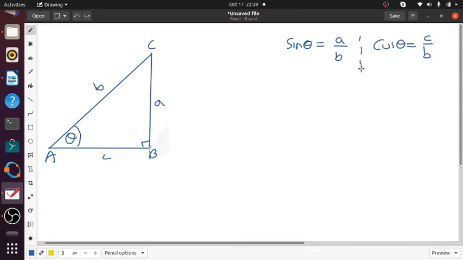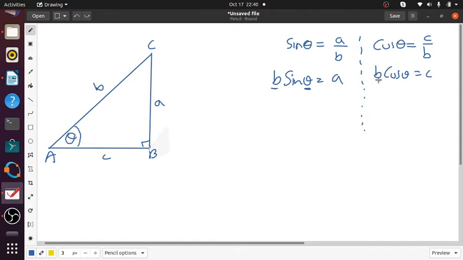So I'm just going to write another step here. Let me cross multiply by B in both of these equations. When you cross multiply by B, you get B sine theta is equal to A, and B cos theta is equal to C. Now what we have obtained here is that given the hypotenuse and theta, you can find the trig ratio of that theta using tables especially. So given these two, you can find A. What is A? A is the opposite side, right?